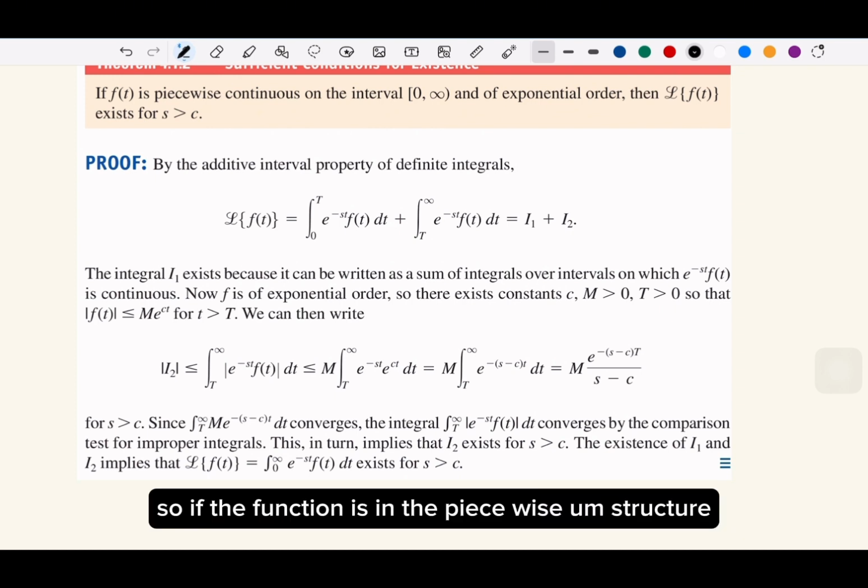So if the function is in a piecewise structure, then we still can do something about the Laplace.